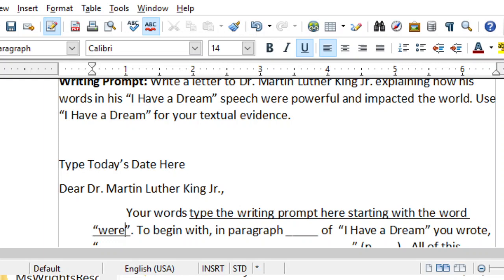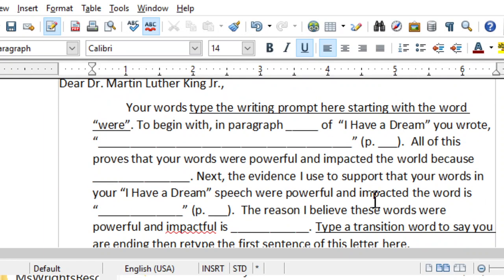Okay. And then to begin with, in paragraph blank, so you need to go to your book. If you have not been paying attention in your book, in your textbook, all the paragraphs are numbered. So wherever you decide to pull a line from, you need to write the number of that paragraph right here.